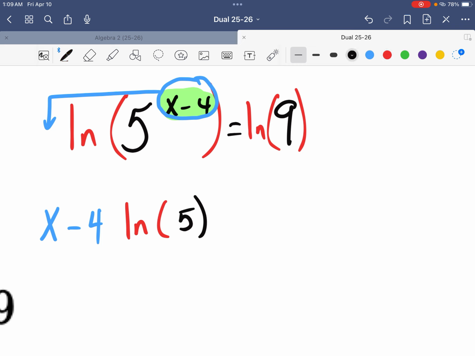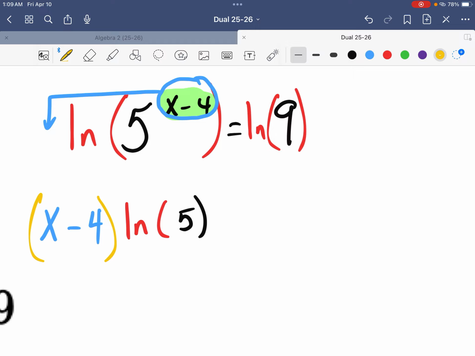Okay? Now, if this confuses you the way it looks, you need to understand that the ln of 5 is just a number. It's like 10 or 4.6 or something. So if it just looks weird to you, you can put a times symbol right there if you like, or you can put parentheses around it.